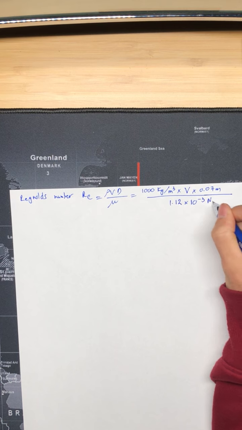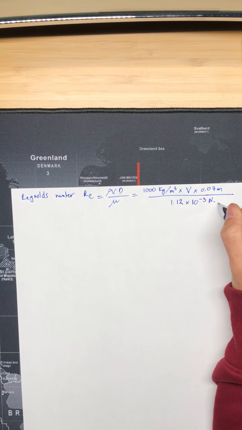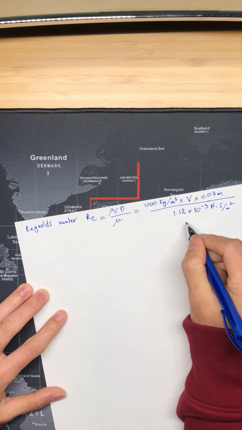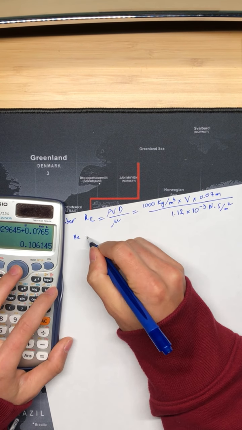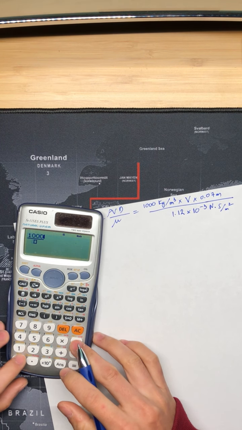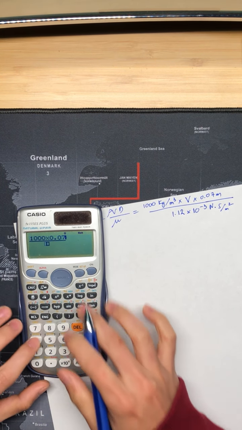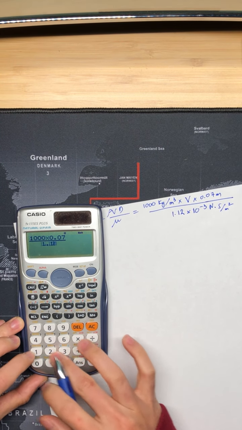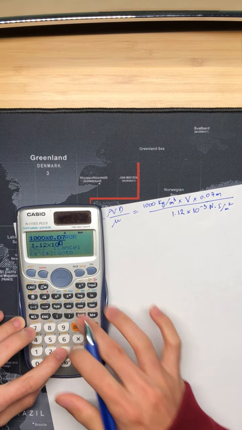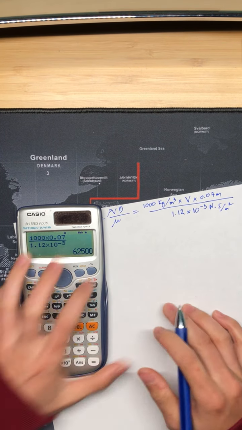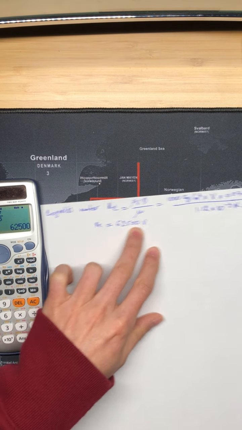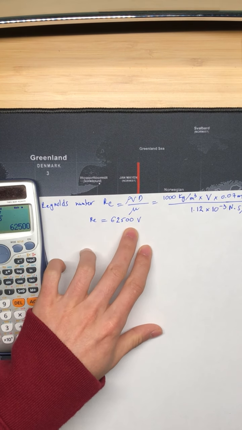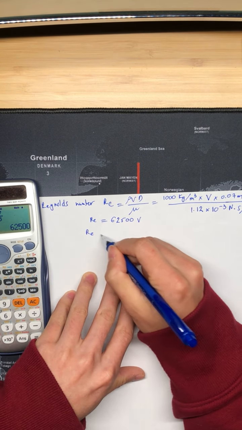This is in Newton second per meter square, I'm sorry. So we have Reynolds number equals 62500 V, but we have V right here. Just plug V to get Reynolds number.